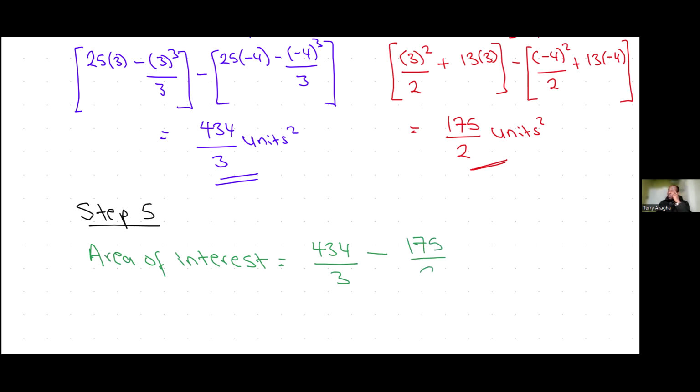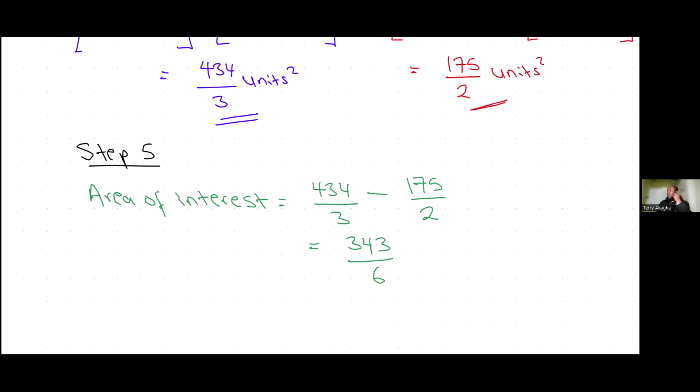And when you solve this, it's going to give us 343 divided by 6. Now, in some cases, you might want to leave this in decimal points, or you can say 57.2 units squared. And that is how you solve this.